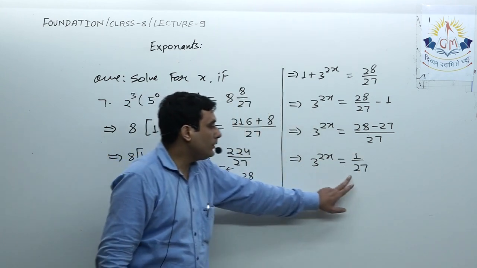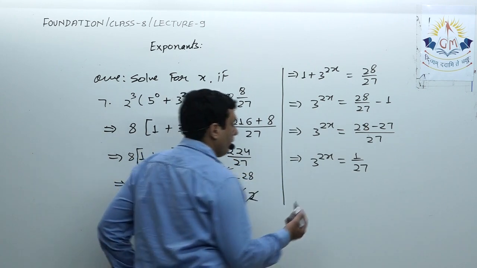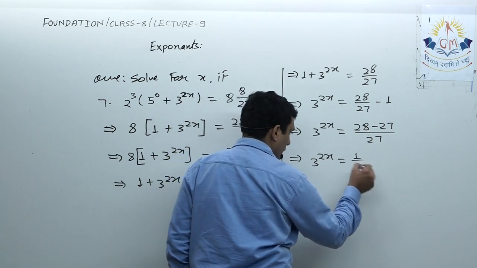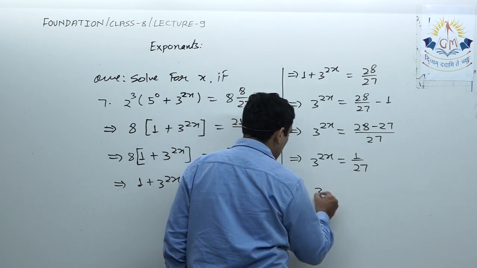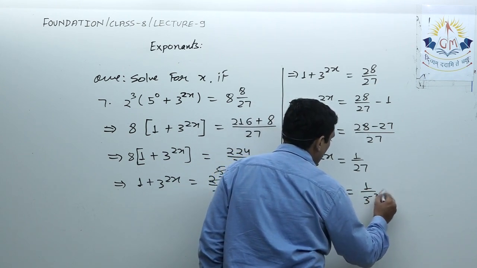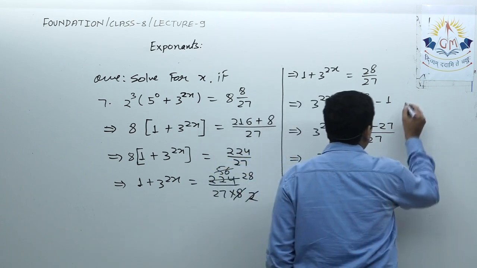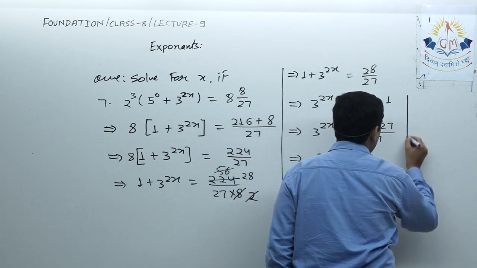Okay, see, as I told you, whatever we get in the right hand side must be in the form of 3 raised to something. So this 27 is actually 3 raised to 3, but now it is in the denominator. So when I take it in the numerator, I will change the sign.